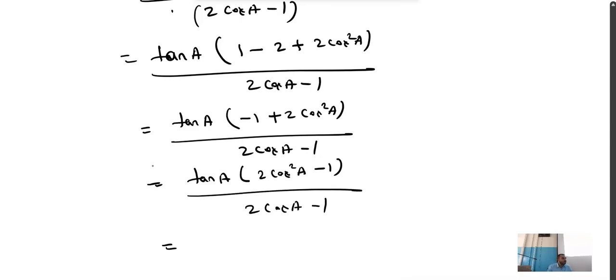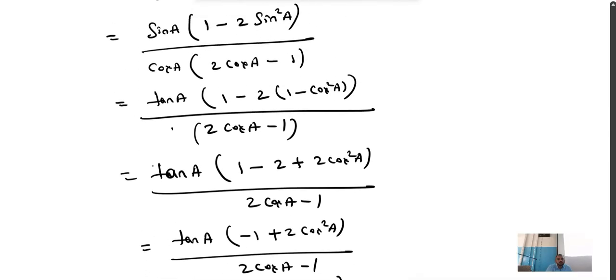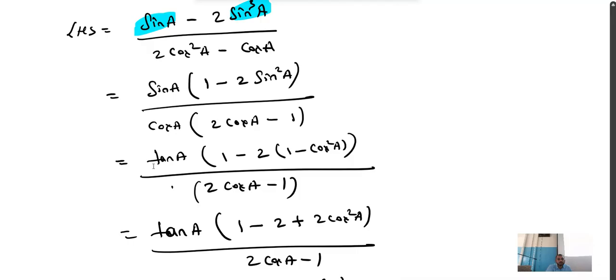Then tan A into 2 cos square A, keep it as it is. 2 cos square A. Denominator is cos A or cos square A? Check the denominator part anywhere. Cos A only, no?